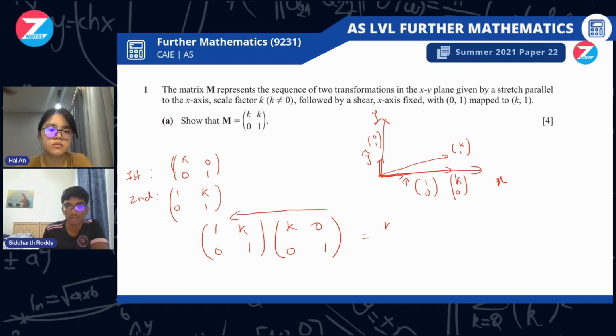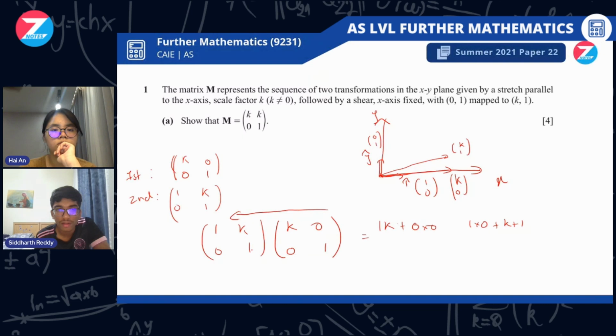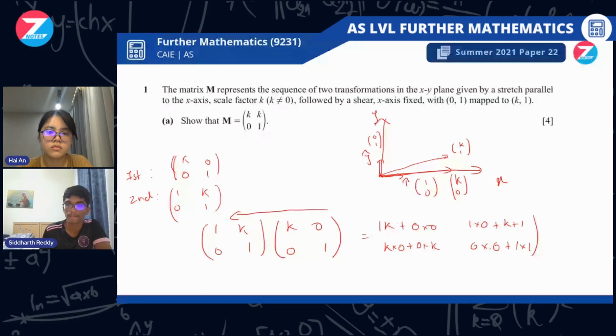So this will be 1 times k plus 0 times 0, then 1 times 0 plus k times 1, so k. Then 0 times k plus 1 times 0, and 0 times 0 plus 1 times 1.